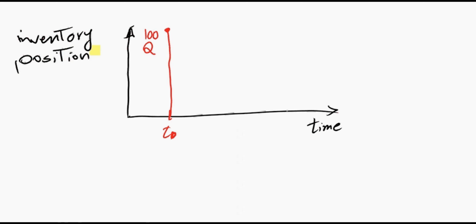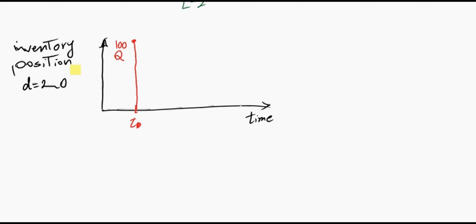Okay. Now, if the world is not ideal, so our demand for our product after the shipment arrives will not be a constant rate of D equal to 20 as it was before.